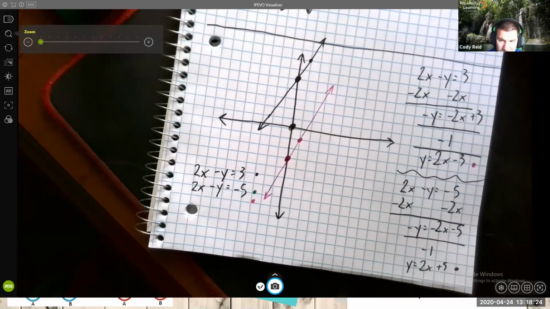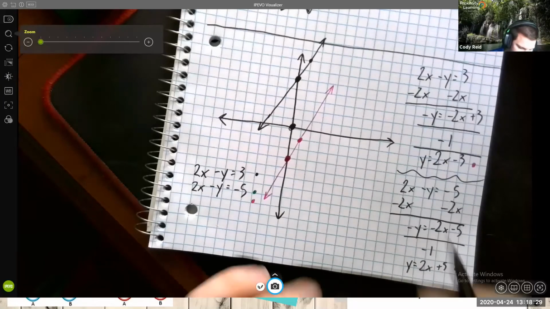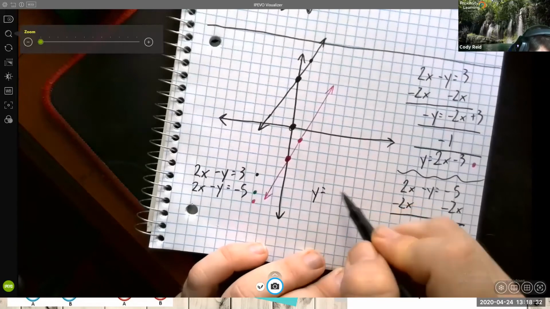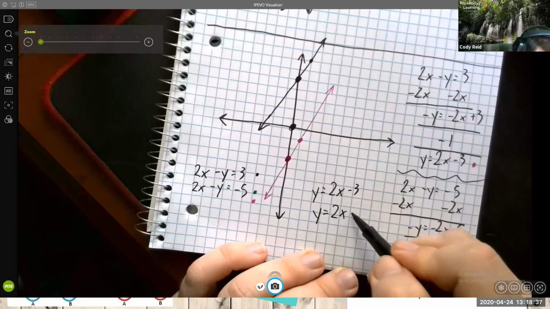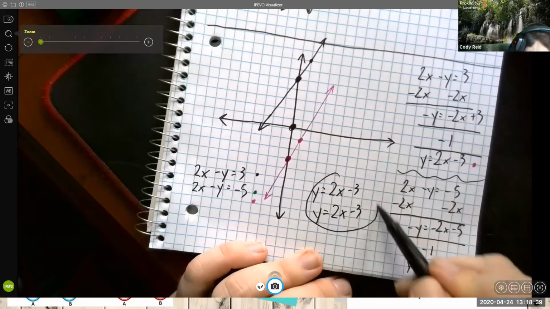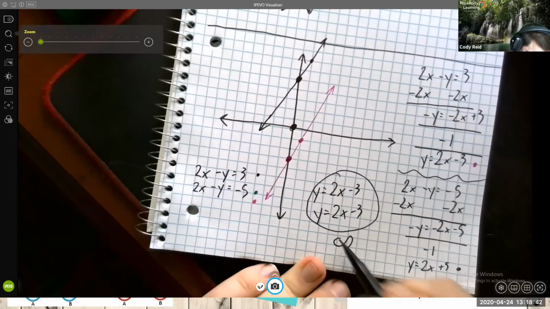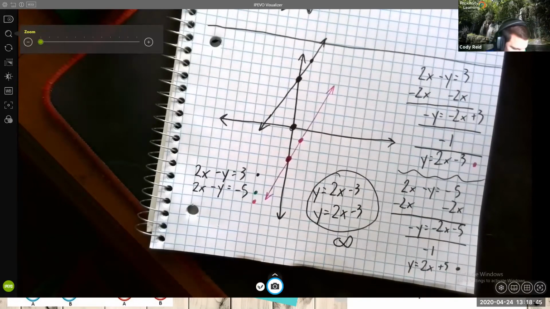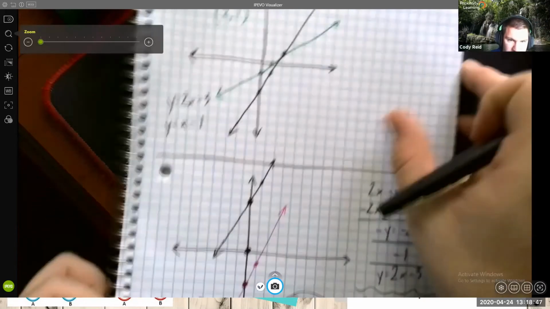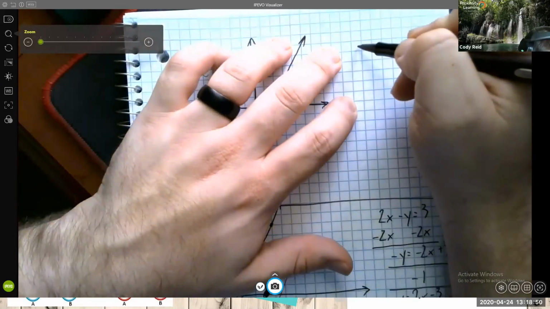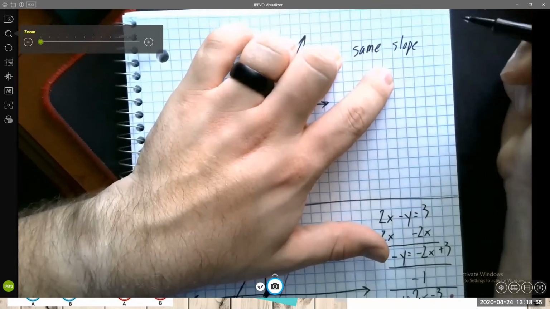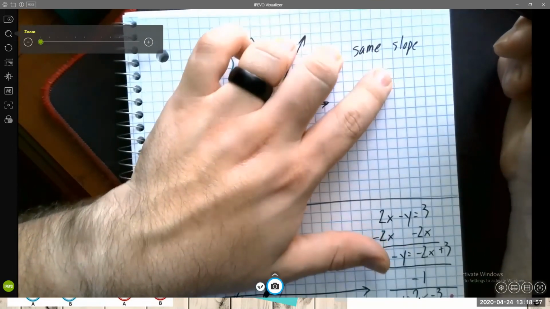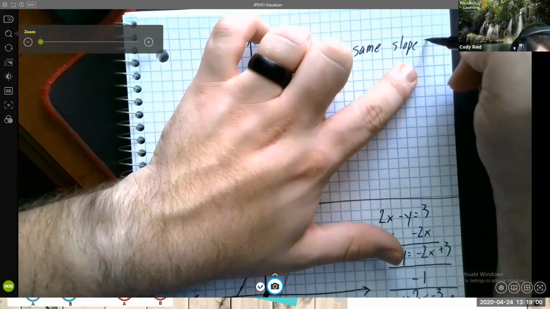Anytime it's the same equation, so say we had y equals 2x minus 3 for both, that would be infinite solutions. Okay, so let me jot all this up here. So, same. So it was like the last one on, I think it was 3.1 that it was infinite solution, right? Yep. So same slope, no solution.